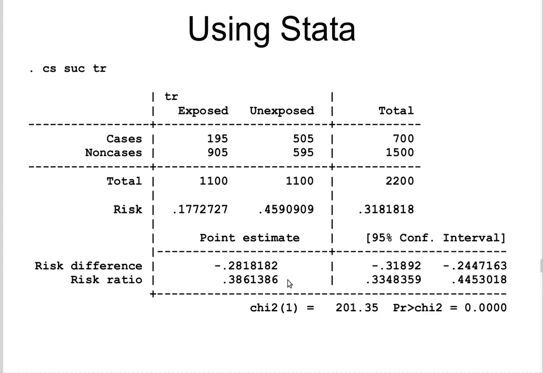Similarly, for the risk ratio, this is the estimate of the risk ratio. We would label this with hats. We would say RR with a hat over it. And here are confidence limits for the actual RR. Okay.